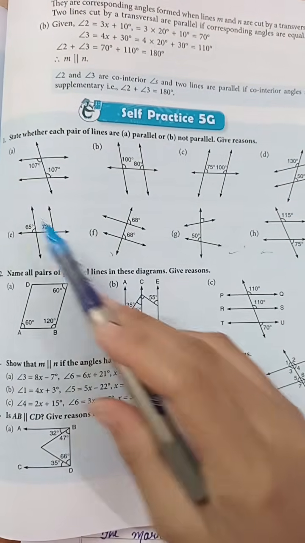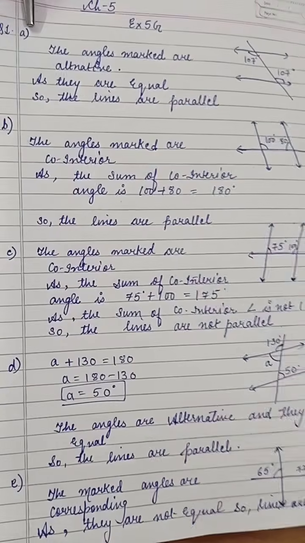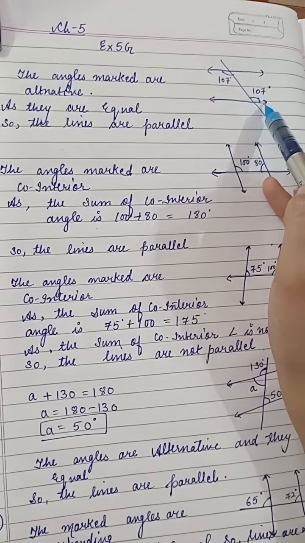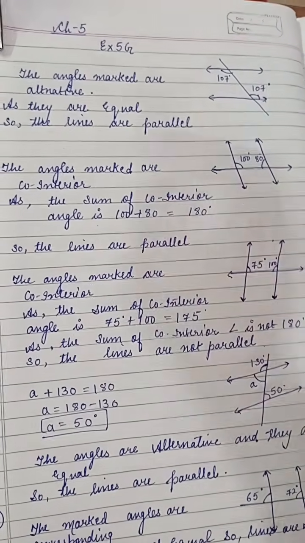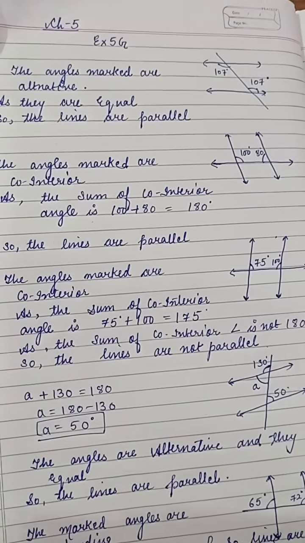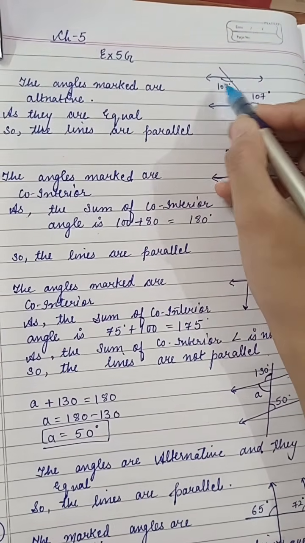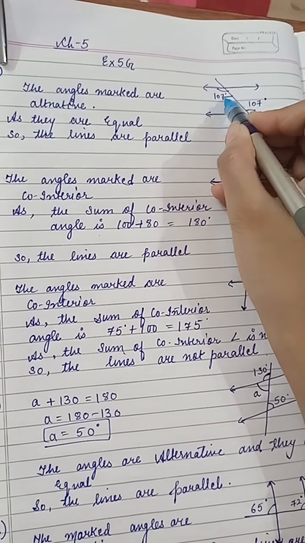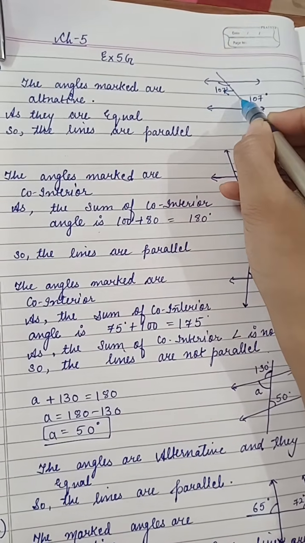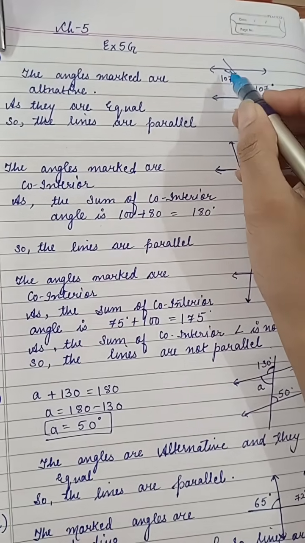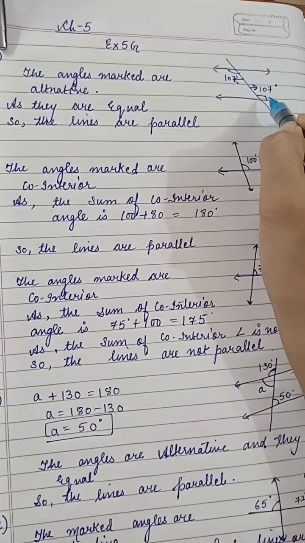Coming to the first part, two lines were given, and on these two lines there are two angles marked. What are these two angles? We will have to check that. The marked angles: this is on the left of the transversal and this angle is on the right, so which angle are they forming? Alternate. And these angles are also equal.